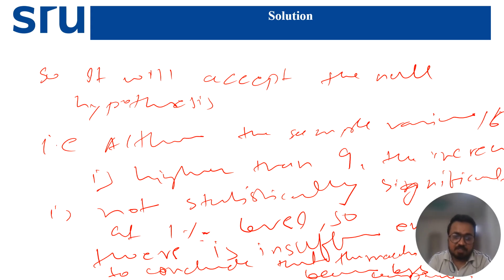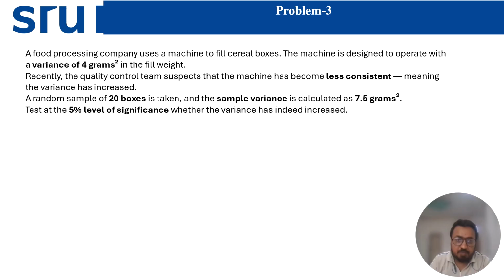So now we discuss another problem based on hypothesis testing for a variance. A food processing company uses a machine to fill cereal boxes. The machine is designed to operate with a variance of 4 gram square in the fill weight.